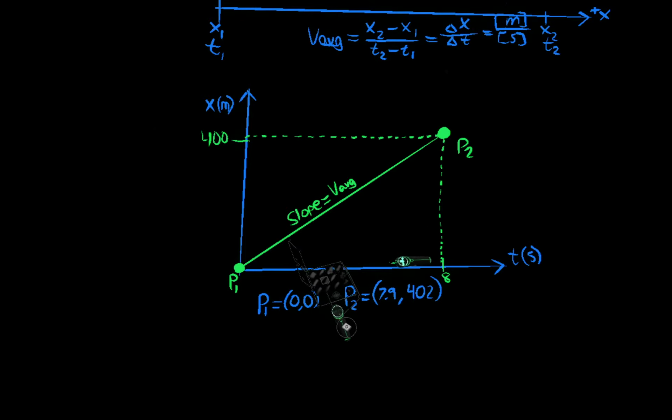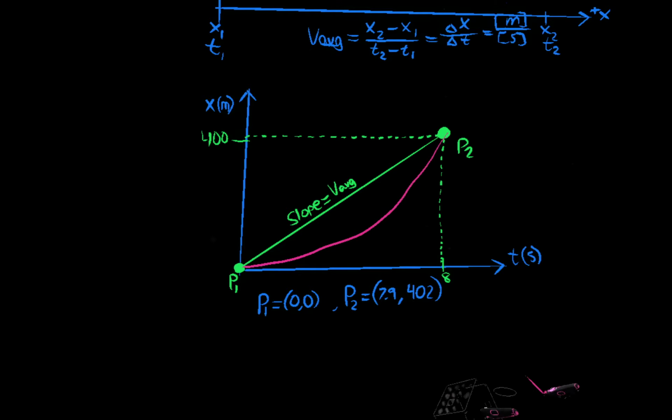Now notice the actual path of the car, because this is V average, the actual path of the car could be something like this. But it does pass between those 2 points. And so instantaneous velocity, which we'll talk about next, would be the slope at various points along this line. You would take tangents. But for now, we just have our average velocity.